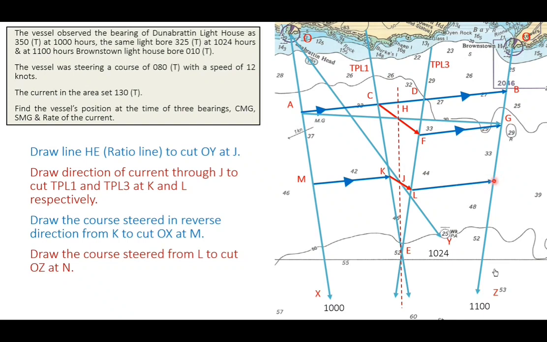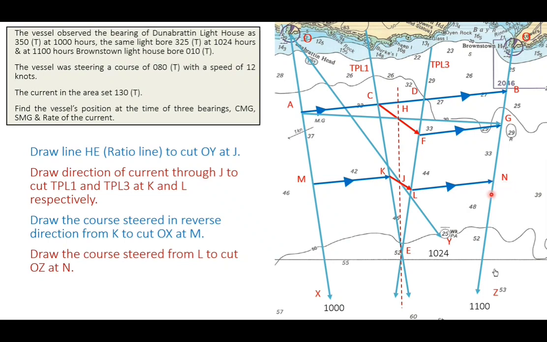It touches my third position line OZ at a certain point. Let's name that point as N, November point. You can see that point on the chart now. This line L to N is in the direction of our course steered, that is 080, and I have marked it with a single arrow. So we have reached up to point November.